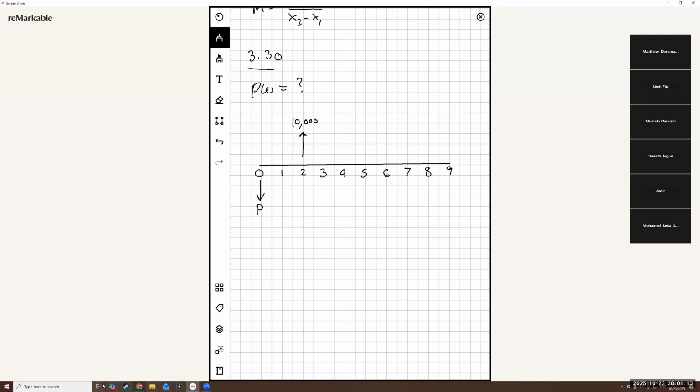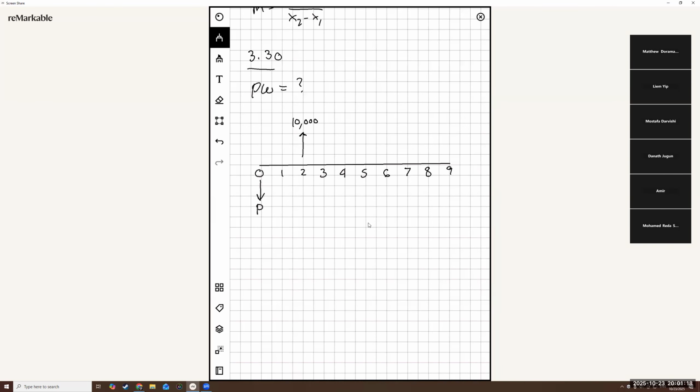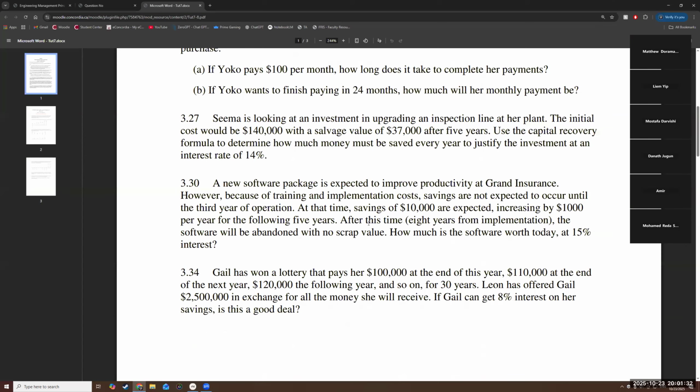Okay, and this is supposed to increase by $1,000 for the next 5 years. So in total, there will be 6 increases. And it will be increasing by 1,000.